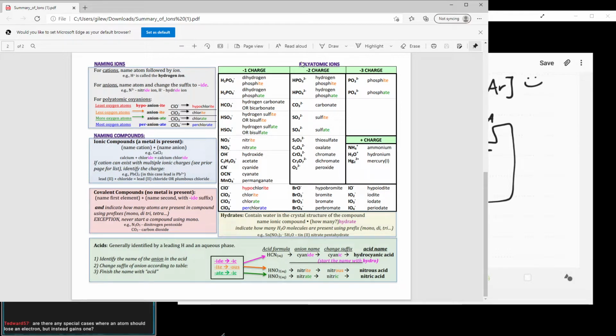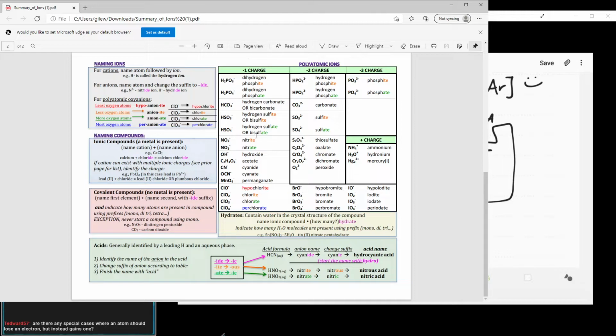You're going to see here there's a table of what are called polyatomic ions, ions that have more than one atom. I can't force you to memorize them because everything would be open book for your exams. But if you memorize them, you'll have a much easier time.